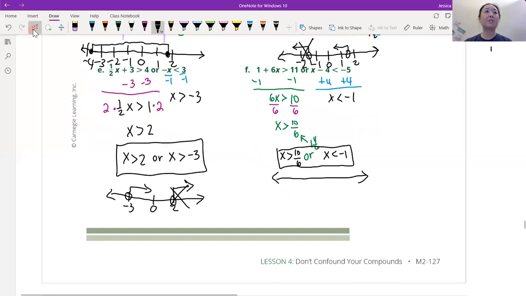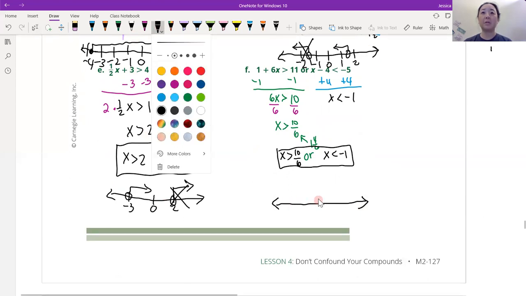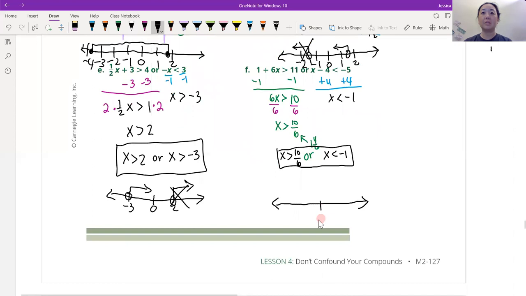Now let me take you down a little bit lower because that's way too high. And here we go. Here is 0, here's -1, and this is 1 and 2.